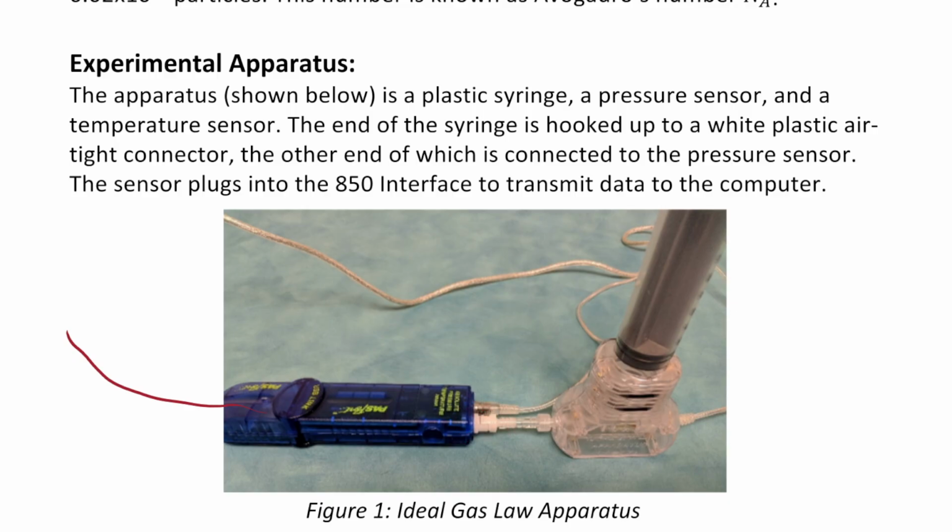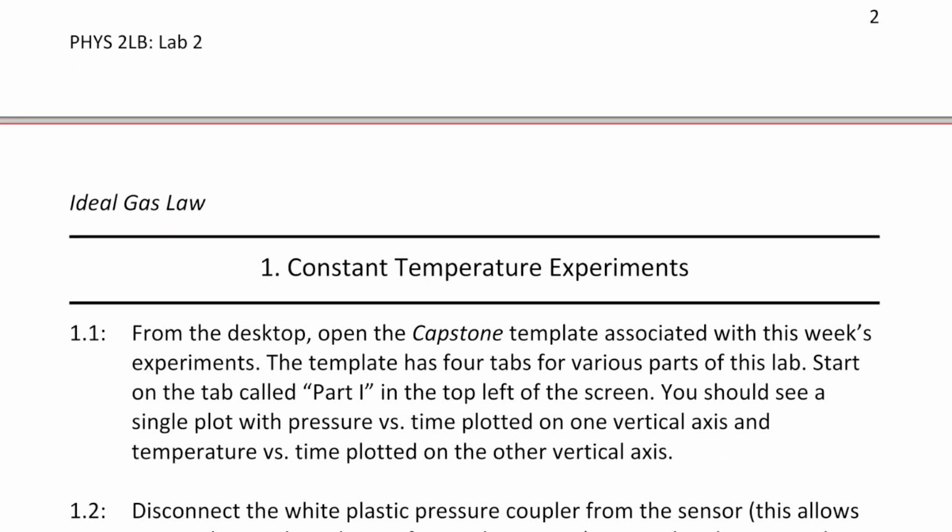Do not do that. This white plastic is easily breakable, so it's easier if you just unscrew the clear plastic here. If you unscrew the clear plastic, it'll come off really easily. It's even easier to disconnect than the white plastic connector, in my opinion. So use the clear plastic.